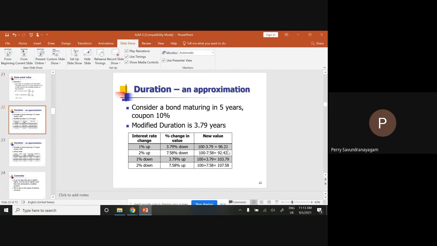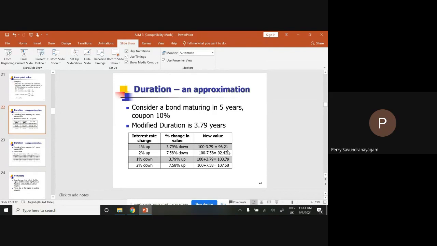Either I can extend tenor or I can extend the volume on a certain bucket to increase my risk profile. How much that will come to, there will be a slight differential in how it is calculated, but basically I can do that. Or I can do both. I can buy a 30-year bond, 100 million rupees. One single bond at 30 years, and that will give me massive duration.